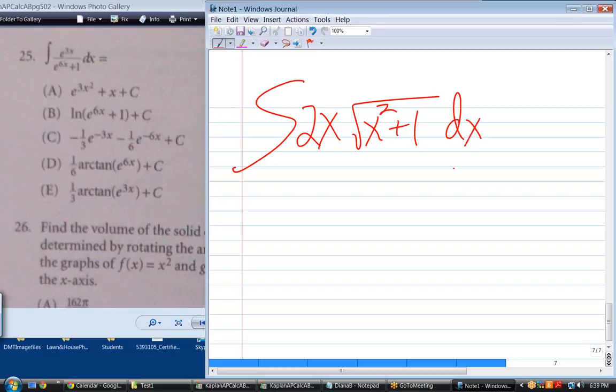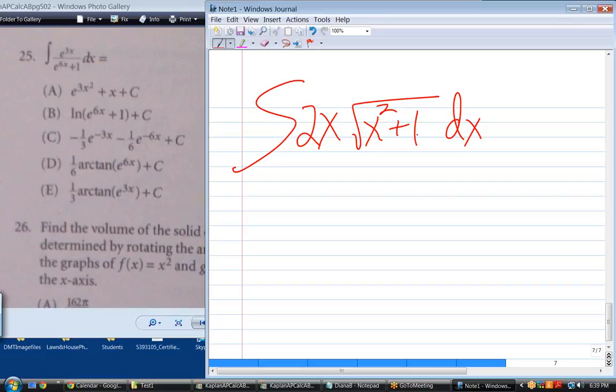Here we have the product of two different functions, right? Can't integrate products very easily. So the first thing you look for when you're trying to integrate a product is to see if one of the two entities is the derivative of the inside of the other. And it is.